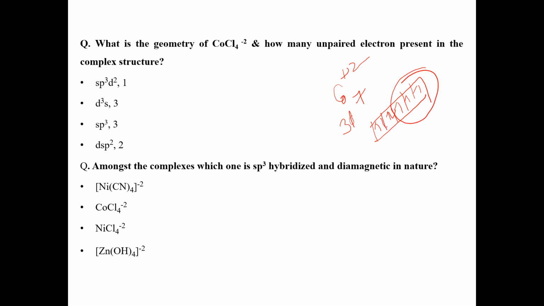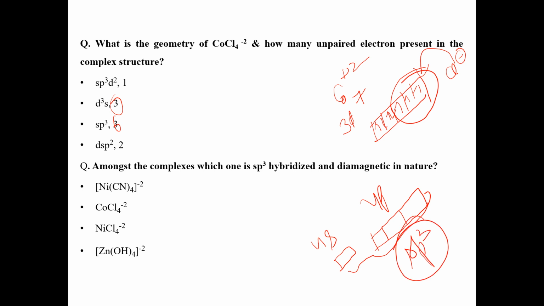Three unpaired electrons will be there. And what will be the hybridization? Since these chloride ligands cannot donate their electron pair inward, it will be accommodated in the next orbitals, that is 4s and 4p. So that's why the hybridization will be sp3.